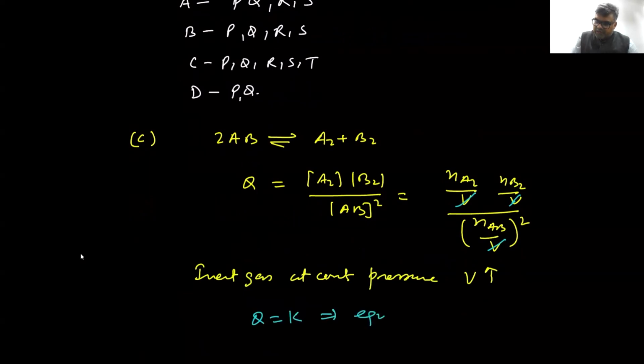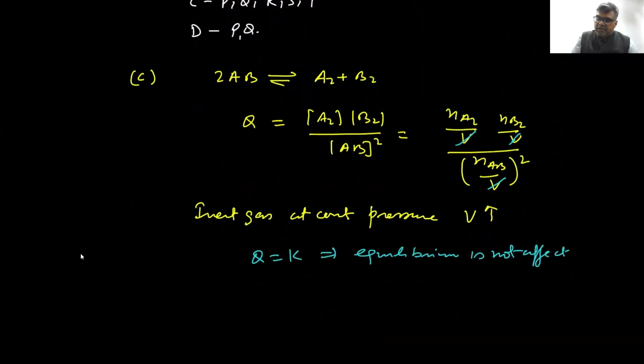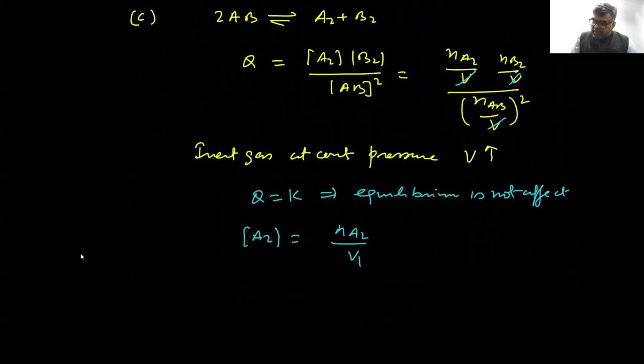So equilibrium is not affected. That's true. Equilibrium is not affected. But if I ask about the concentration of A2, it will be moles of A2 by new volume V1. And since V1 is not equal to the initial volume, the final volume is not equal to the initial volume. So definitely concentration has changed.